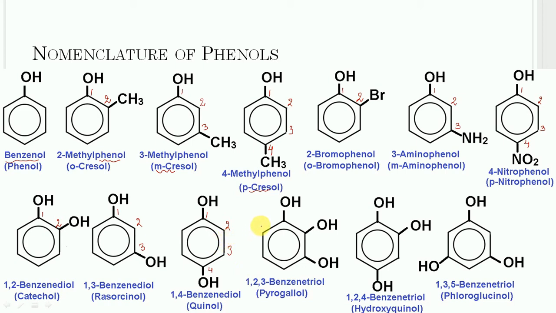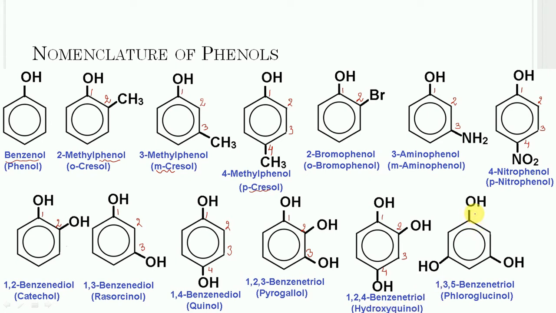Then let us consider the example of the trihydric phenol. So it is carbon number 1, 2 and 3. So it is 1,2,3-benzenetriol and it is also called pyrogallol. Carbon number 1, 2 and 4. So it is called 1,2,4-benzenetriol, also called hydroxyquinol.